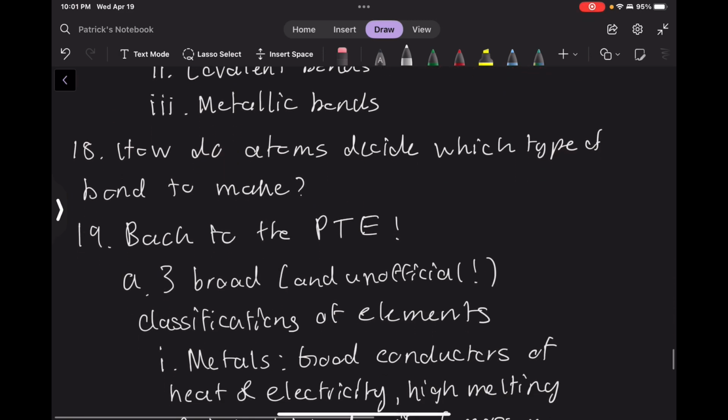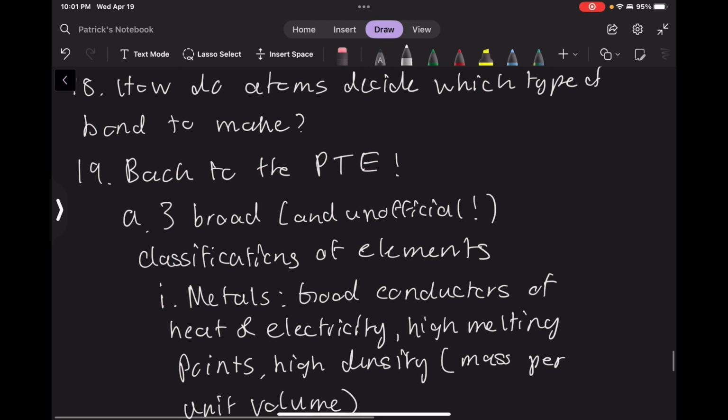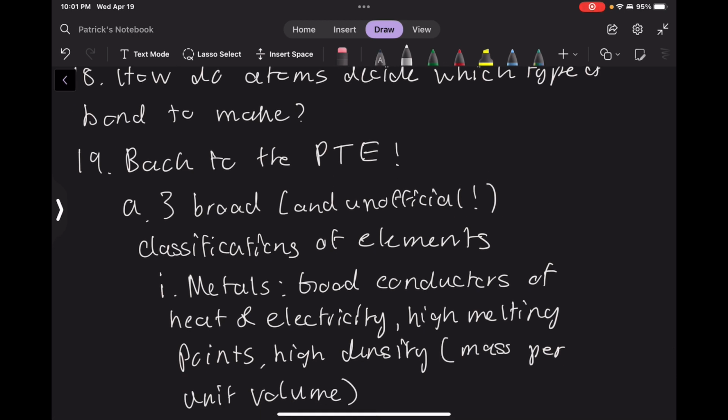At this point, we ought to pause and ask the question, how do atoms decide which of these three types of bonds to form? We can find our answer, as is so often the case in chemistry, by returning to the periodic table. Besides the classification of elements based on groups and periods, the periodic table can also be divided into three categories: metals, nonmetals, and metalloids, which are also referred to as semimetals.